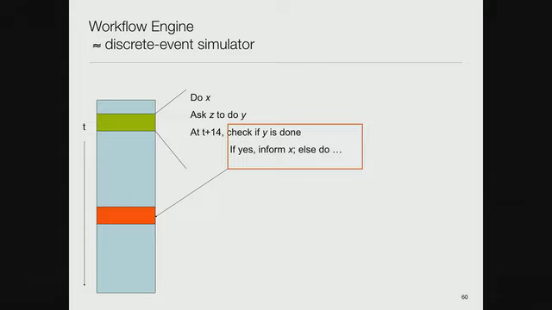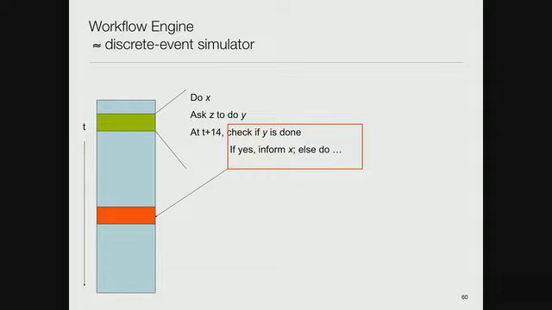So the idea I had was that what you'd like to do is to say, if at some time t, I have a task that says do X or ask Z to do Y, or both, then the last thing should be at some time in the future, schedule another task that says, is Y done?